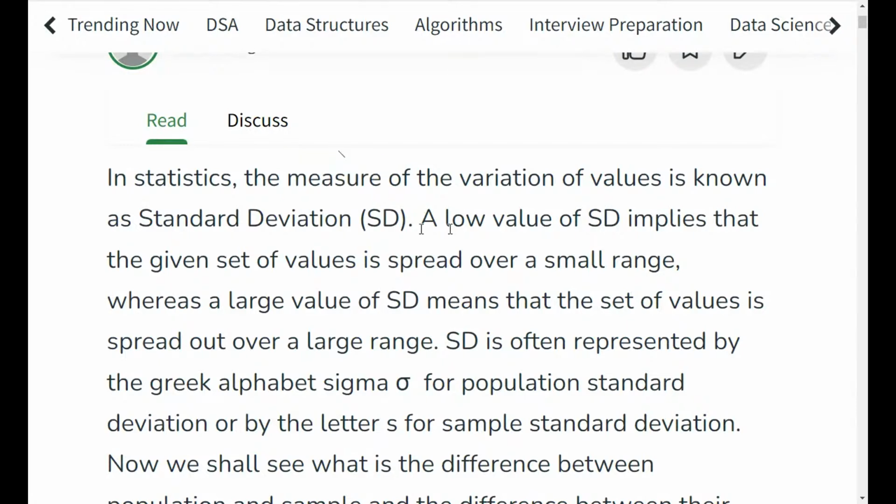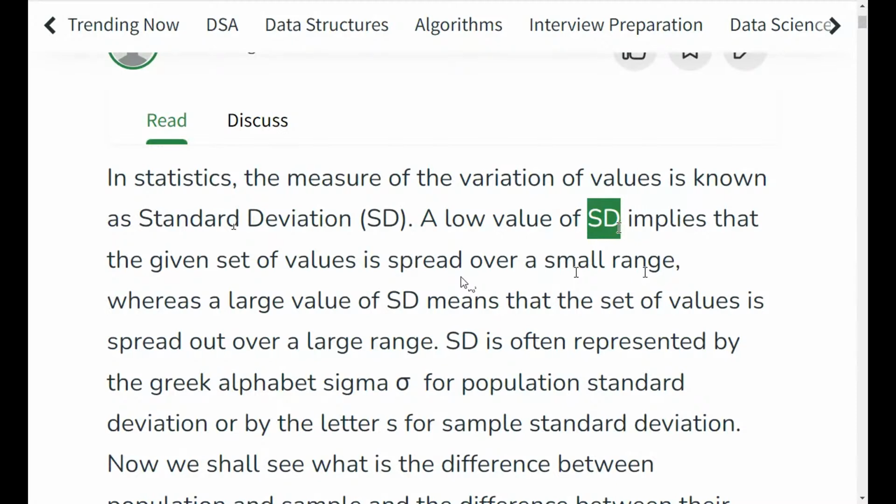Okay. A low value of standard deviation says that the given set of values in the Excel sheet is spread over a small range. Small variations happening. For example, I have given 1, 2, 3, 4. One number is having 1, one number is having 4, one number is having 3, 2, 4, 3, 1. That much only. Small range, 1 to 4. Few numbers are the only variations happening. If I give the range of 1 to 10 lakh, huge number of variations.